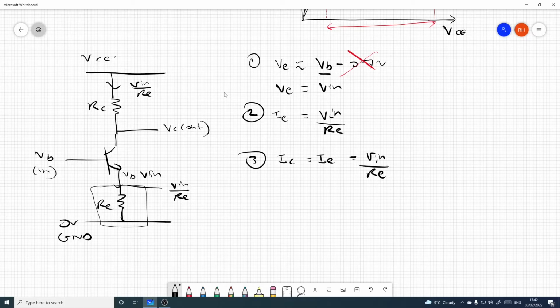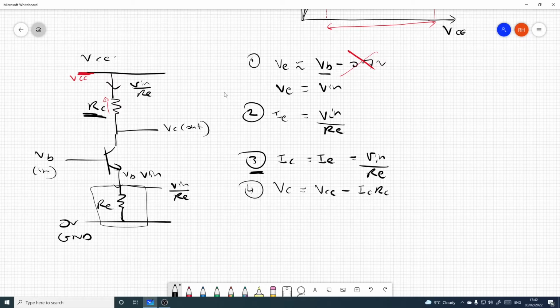Now, when you want to work out what the collector voltage is, the way you have to do it is start off with a known fixed voltage and calculate offsets along the way to the point you care about. So we start off at VCC and then we drop down to VC through whatever the voltage is across this resistor. So we can say VC is equal to VCC minus the IR drop across RC. So that's IC RC.